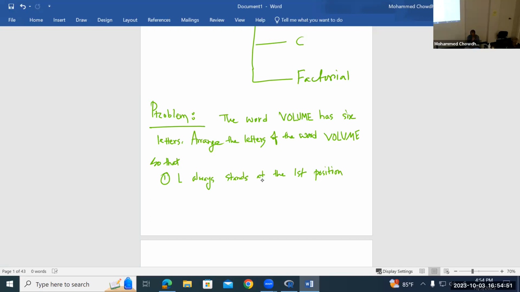L always stands at the first position. Can anyone of you do this?